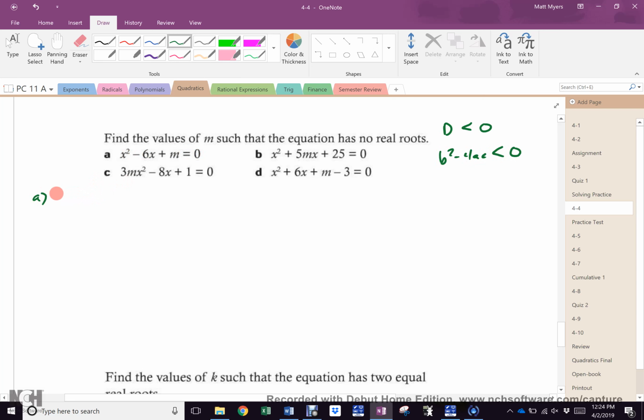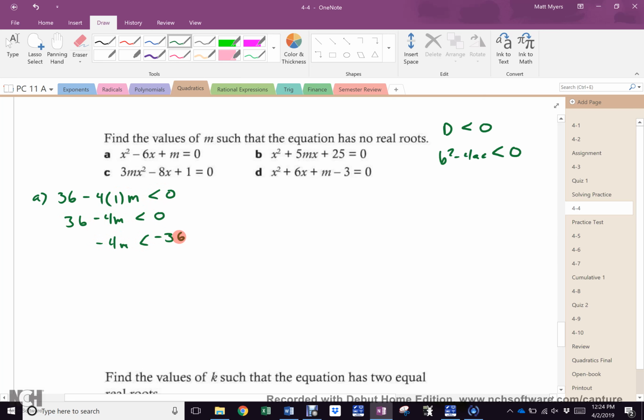What's B squared? 36 minus 4. What's A? What's M? M has to be less than 0. 36 minus 4M has to be less than 0. Negative 4M has to be less than negative 36.